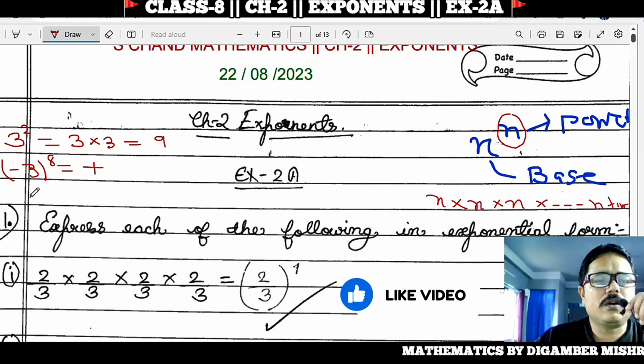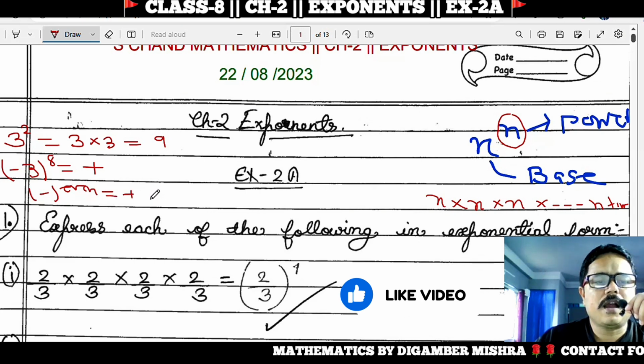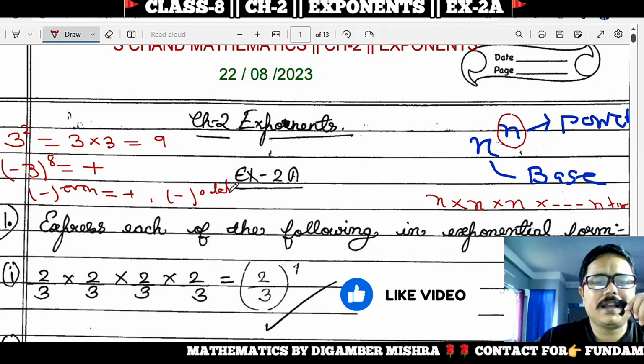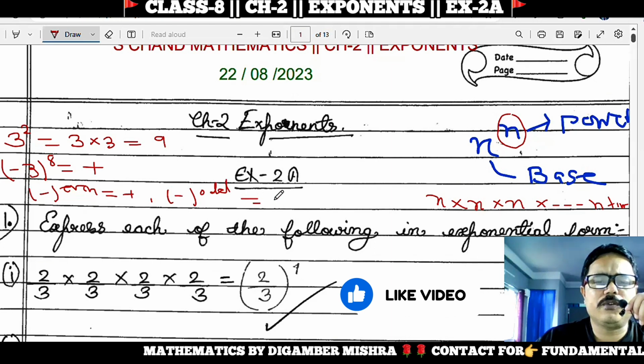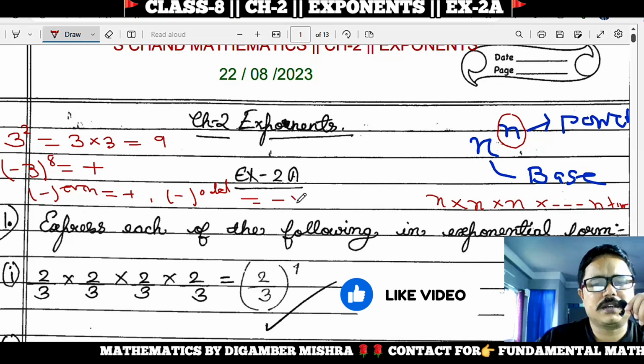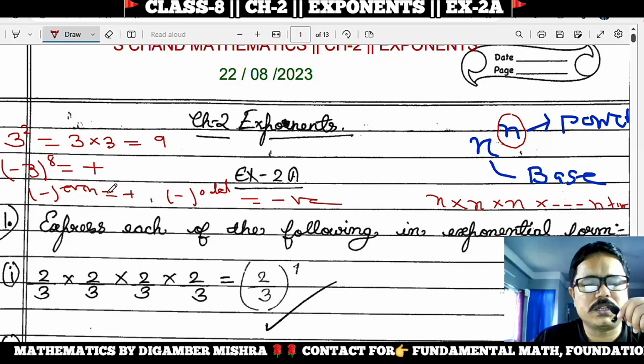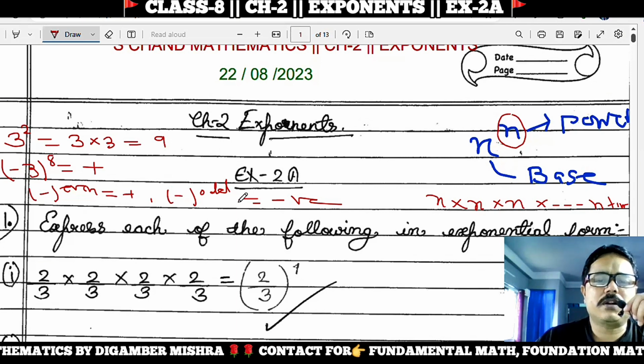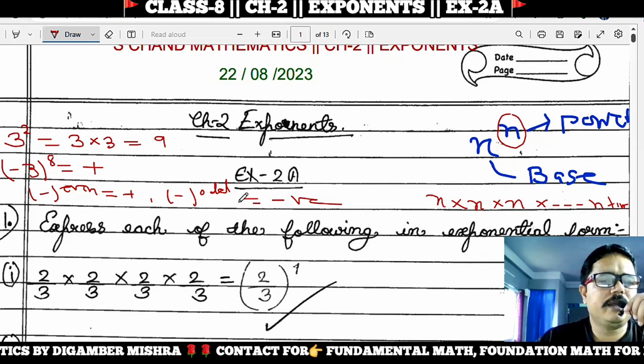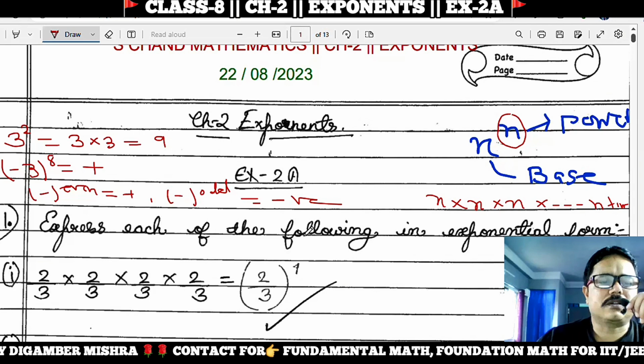Why? Because minus to the power even number is plus, and minus to the power any odd number will give you a negative answer. Minus to the power even will give you a positive answer, and minus to the power odd will give you a negative answer. So let's start the exercise.